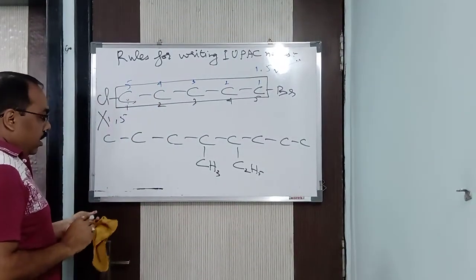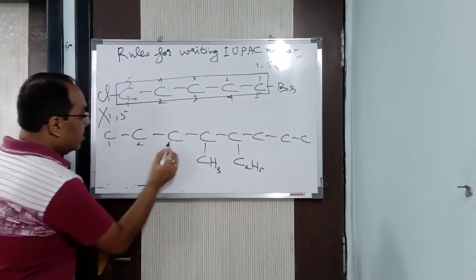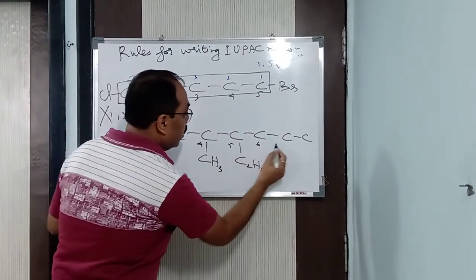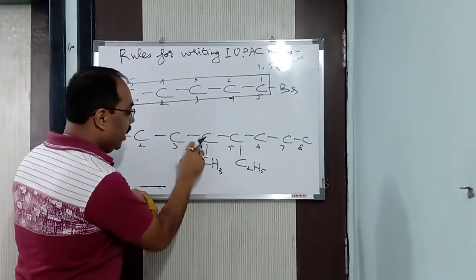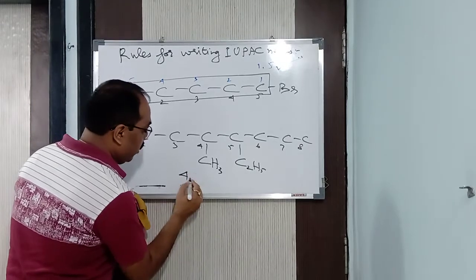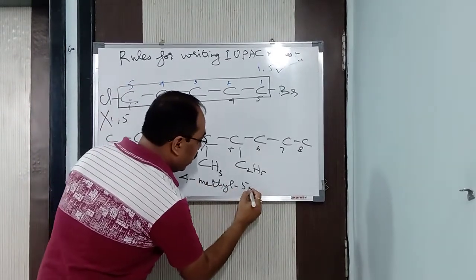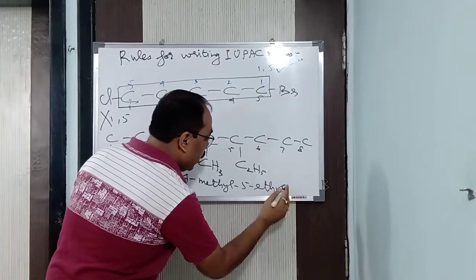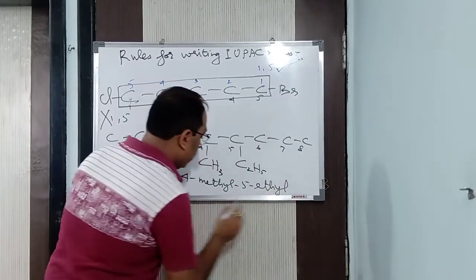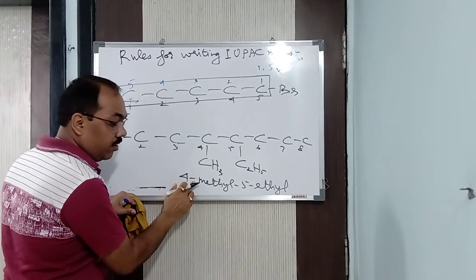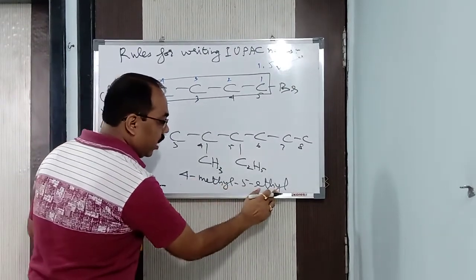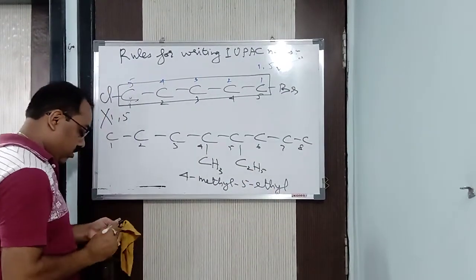Now see, from this side I am doing the counting: 1, 2, 3, 4, 5, 6, 7, 8. So you get the locant at which position? 4th position. So you get 4-methyl and in the 5th position I get ethyl. So 5-ethyl. See, between number and alphabet I put a hyphen.